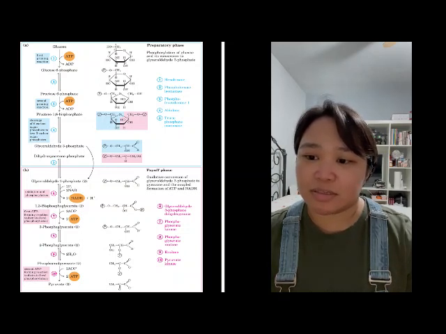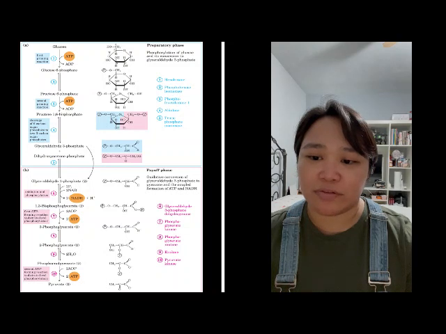In step 6, the glyceraldehyde 3-phosphates are oxidized to extract high-energy electrons, which are then carried away by NAD to produce NADH. At the same time, the glyceraldehyde 3-phosphate is phosphorylated again, producing 1,3-biphosphoglycerate.